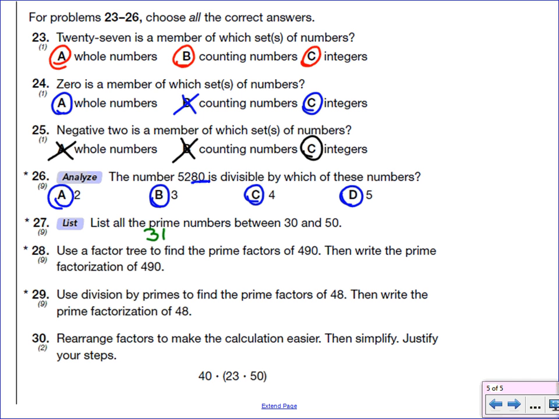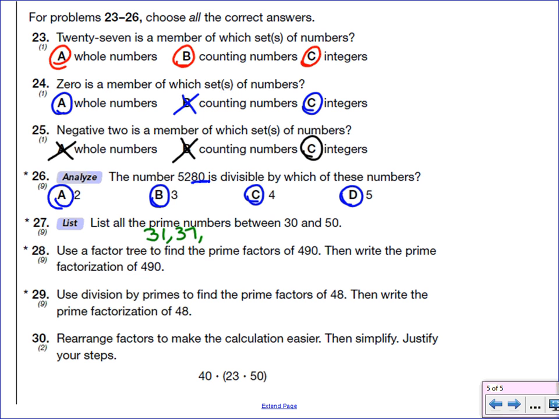Then 32 is divisible by 2. 33 is divisible by 3. 34 is divisible by 2. 35 is divisible by 5. 36 is divisible by 2. 37 is a prime number.